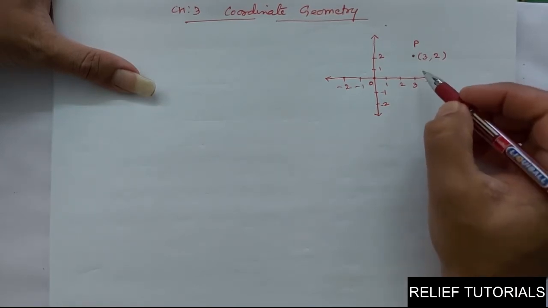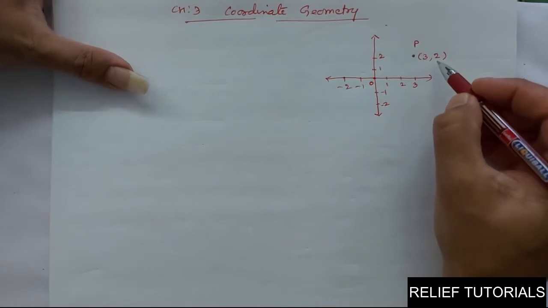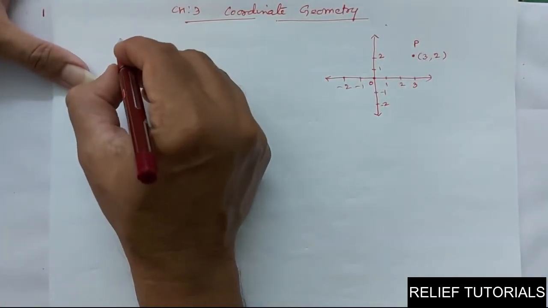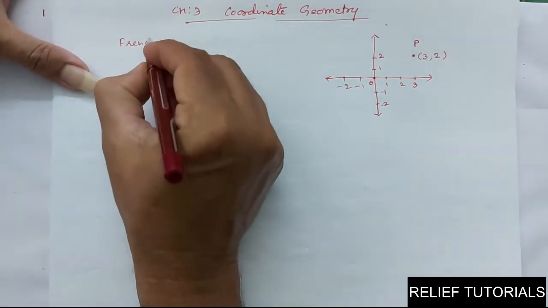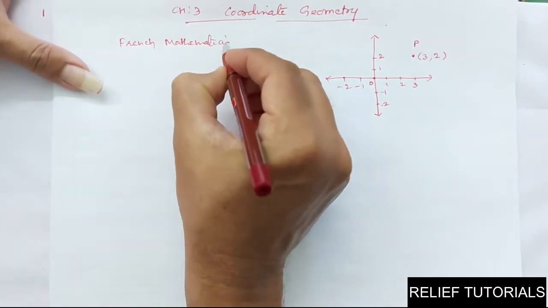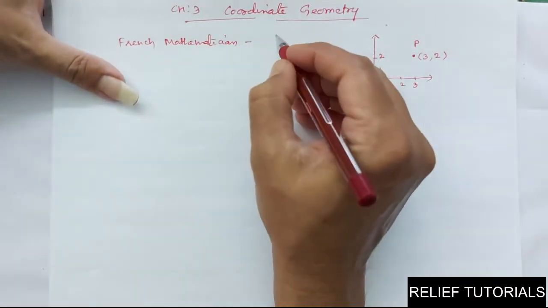So there was a fusion of geometry and algebra, and this fusion was done by a French philosopher and mathematician named René Descartes.